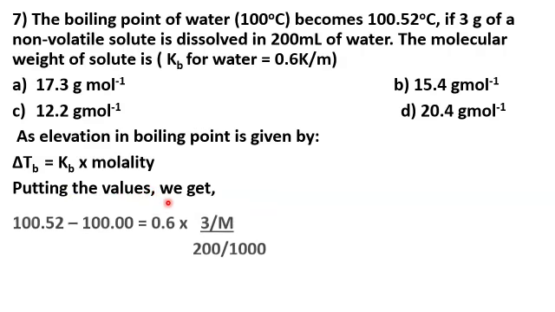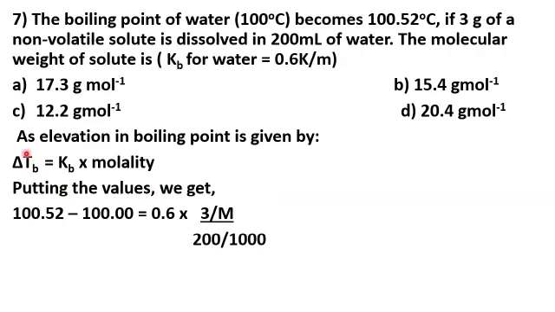Putting the values, delta Tb can be calculated by subtracting the boiling point of pure component, that is water, from the boiling point of solution.